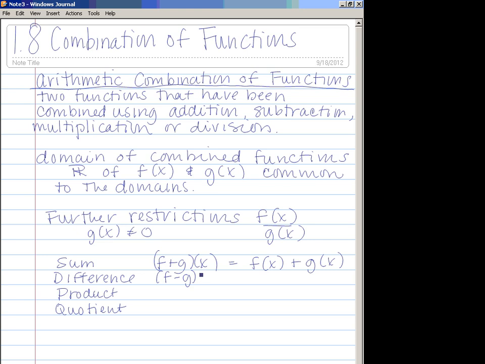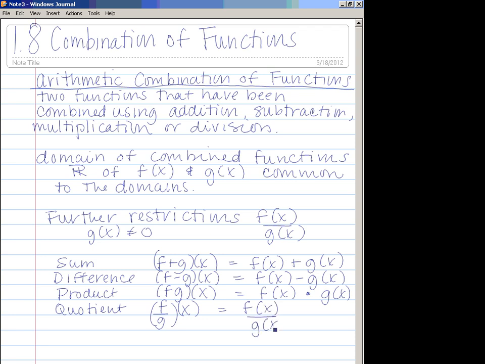When you subtract, you end up with the difference. This becomes f of x minus g of x. Product, f times g equals f of x times g of x. And then finally quotient, f divided by g of x equals f of x divided by g of x.